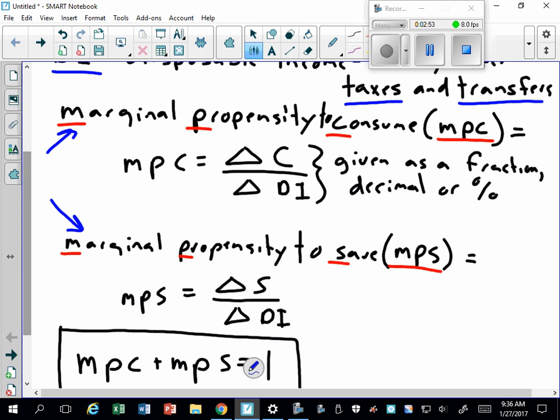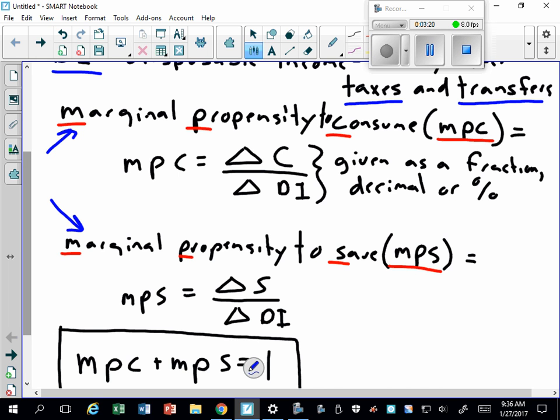All this cares about is what percentage, so these two things, the MPC, which is marginal propensity to consume, and the MPS, the marginal propensity to save, is just caring about what percentage of the change in disposable income do you consume, or what percentage of the change in total disposable income do you save? So not the entire amount, just the change in disposable income.